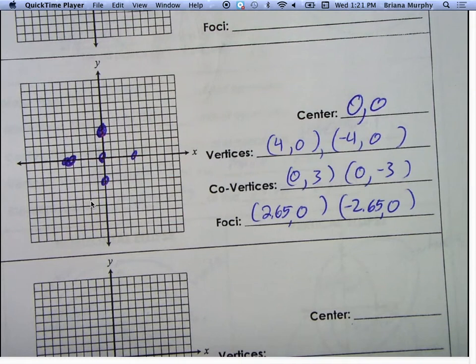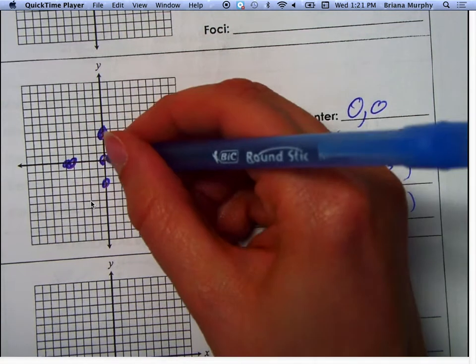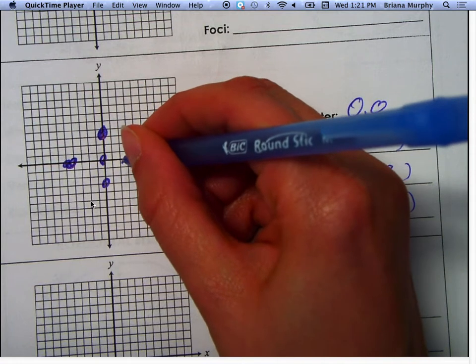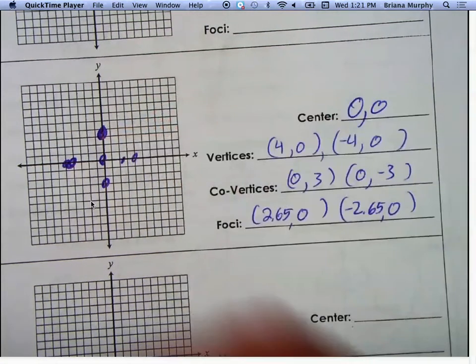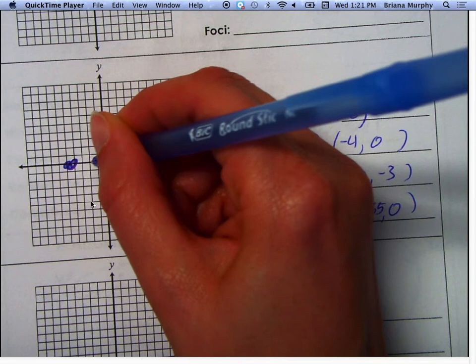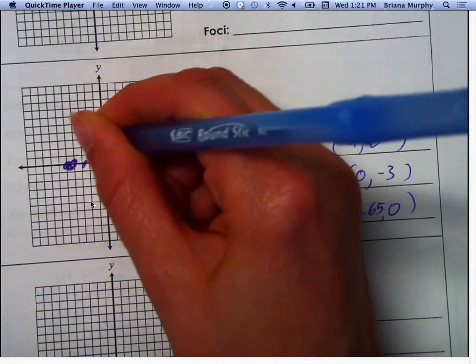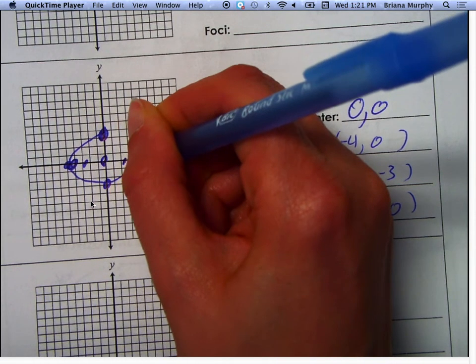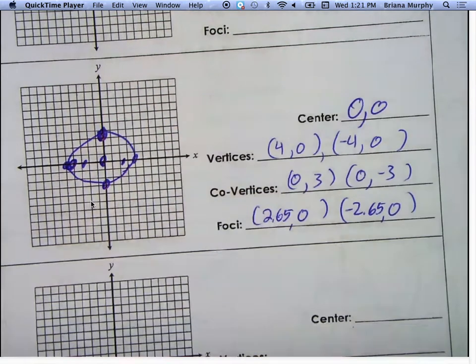And then I'm going to put a dot at 2.65, 0 and negative 2.65, 0. And then I'm going to draw my circle. That is my ellipse, since it's not a circle.